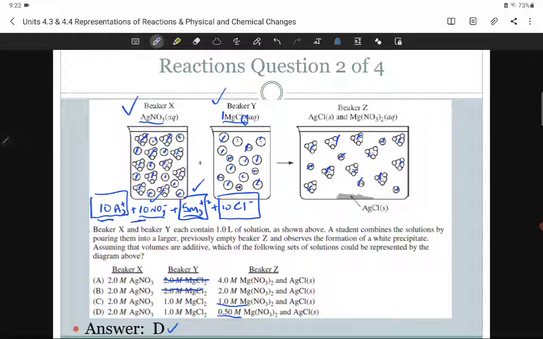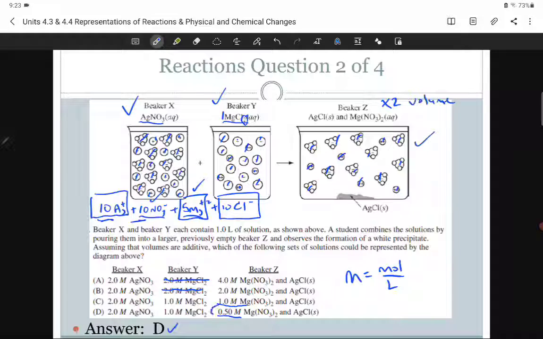Well, if you dump beaker X with beaker Y, you're going to get twice the volume. And I think that shows that that volume is doubled. So if you double the volume, remember that molarity, big M, is moles per liter. So if you double the volume, it's going to halve the molarity.